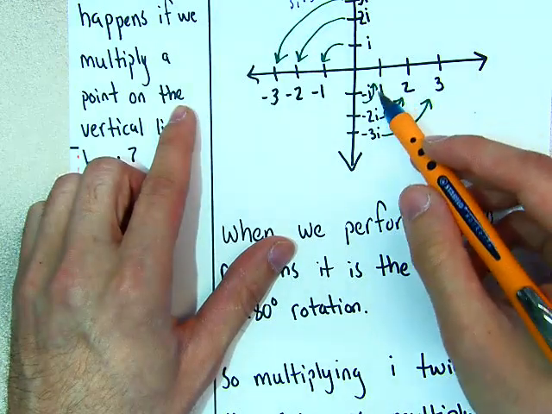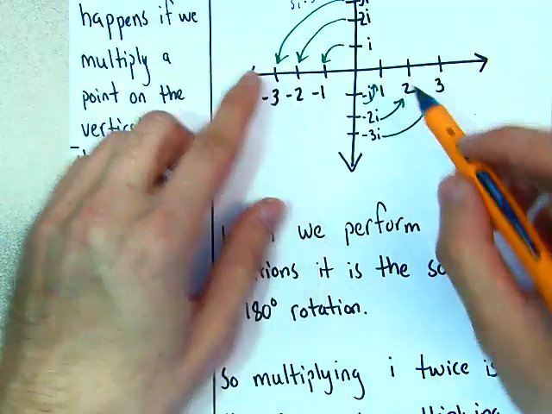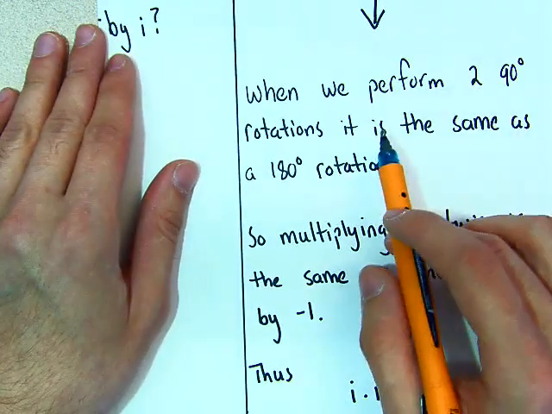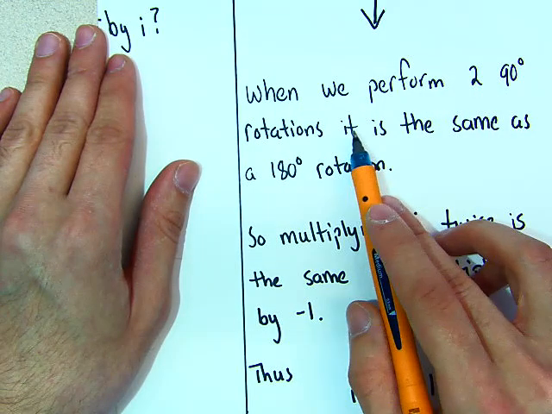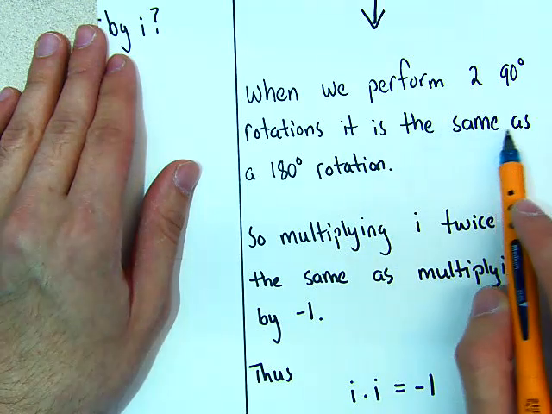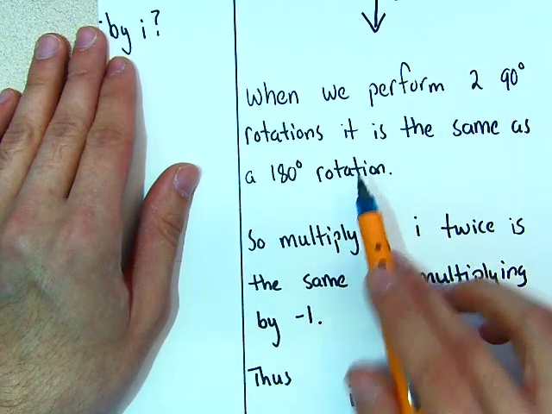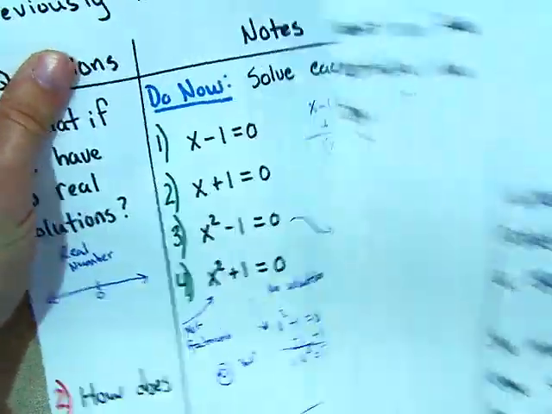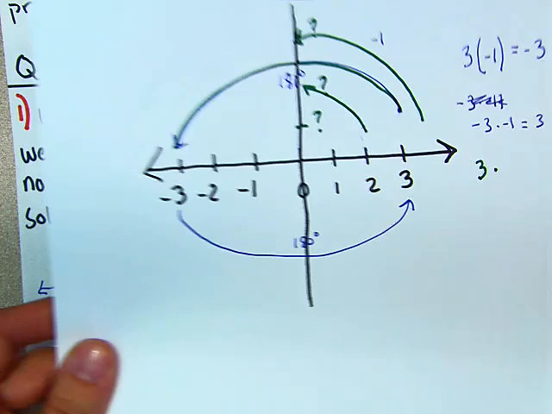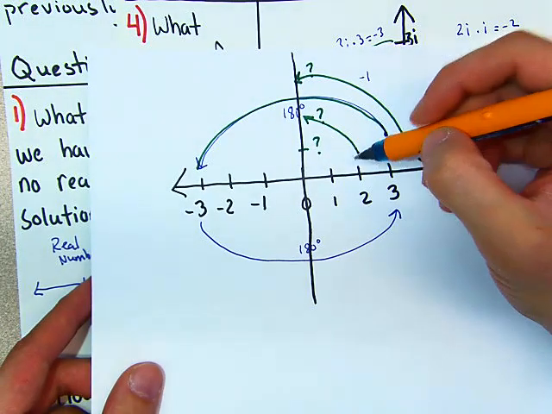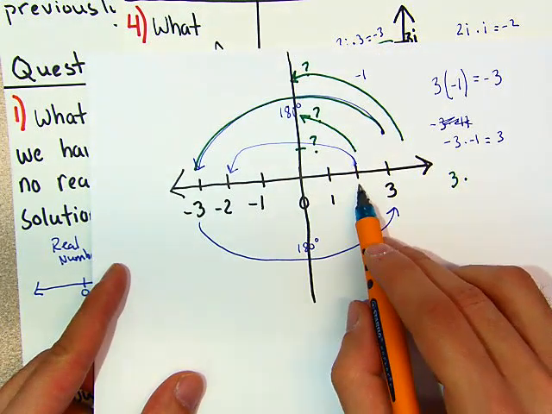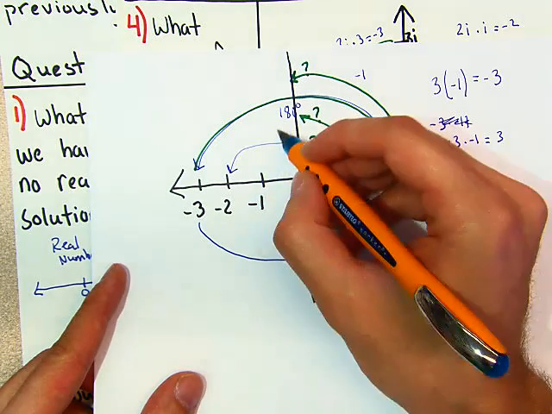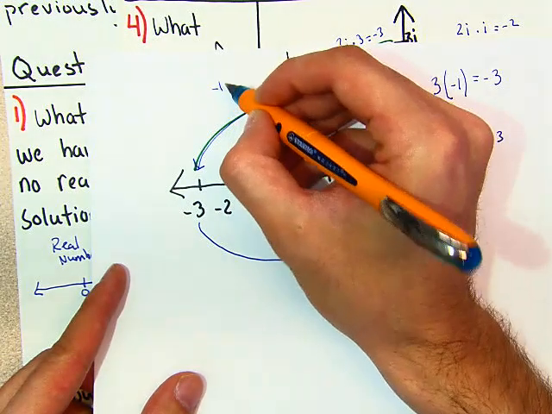If I have 2i times i, because i rotates 90 degrees, this is minus 2. So this is what happens. Notice that when we perform two 90-degree rotations, it is the same as a 180-degree rotation. When you go from 2 to negative 2, that 180-degree rotation, you multiply by minus 1.